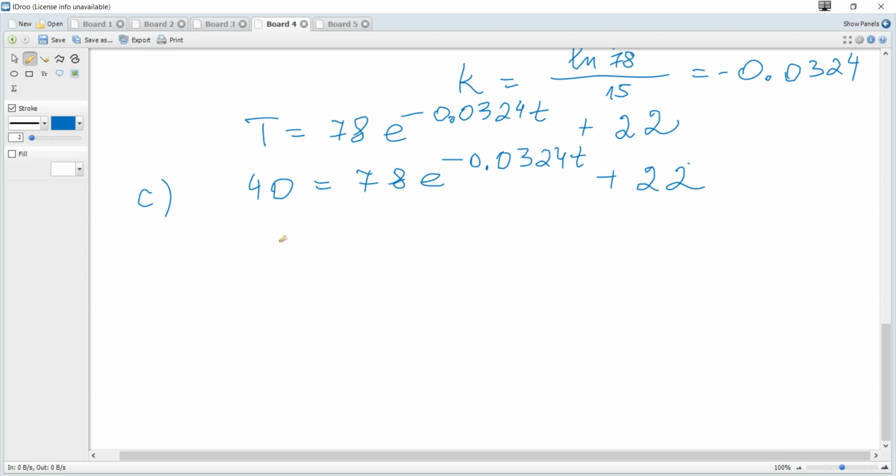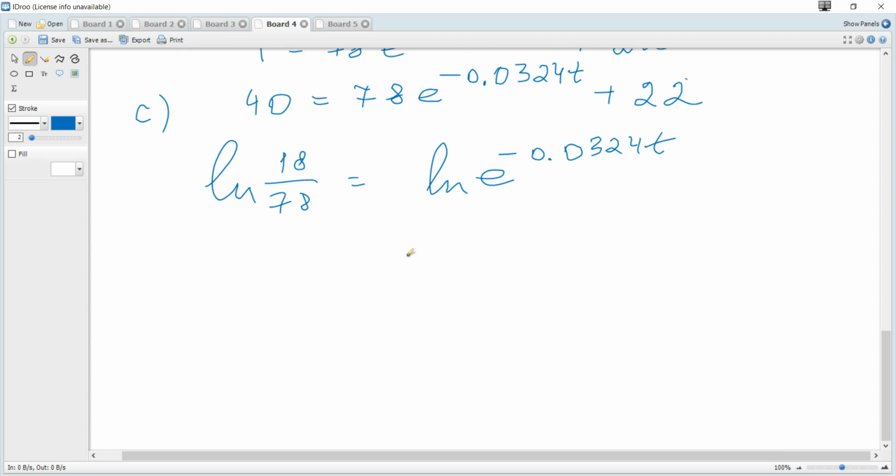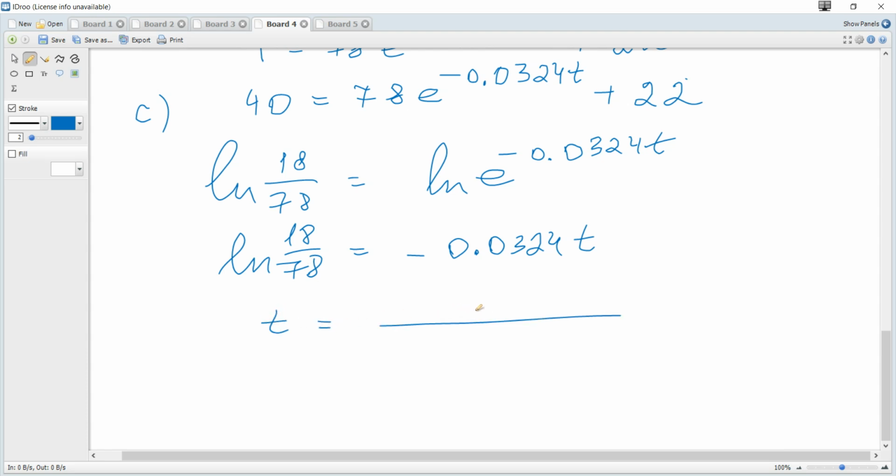And it becomes 18 over 78 is equal to e to the power of negative 0.0324t, and again we take ln to get negative 0.0324t is ln of 18 over 78, and hence time is negative ln of 18 over 78 divided by 0.0324.